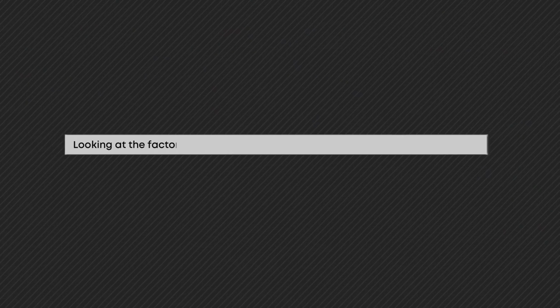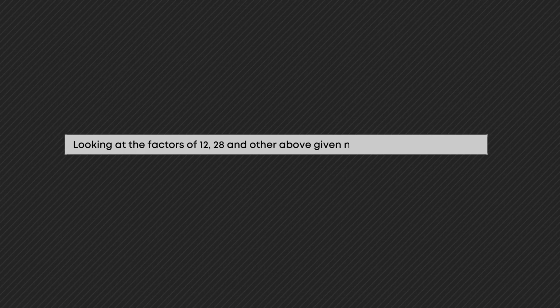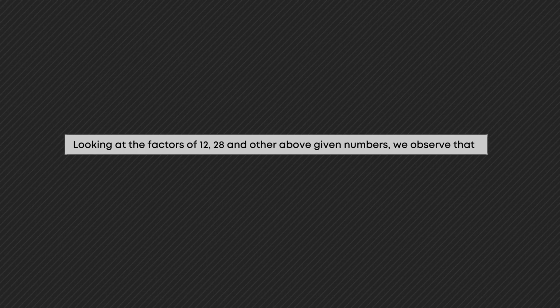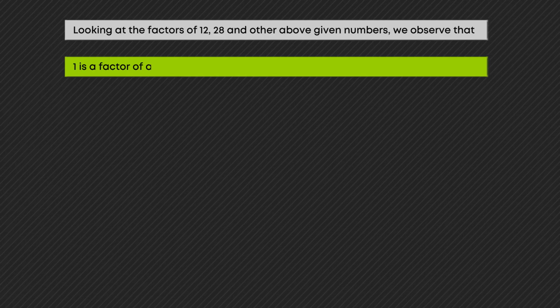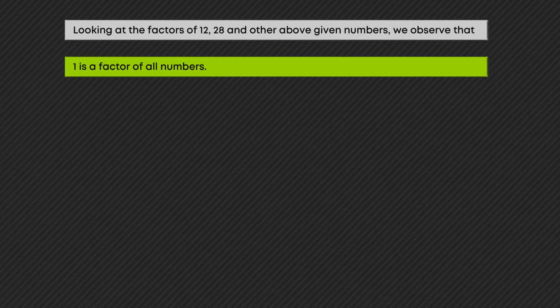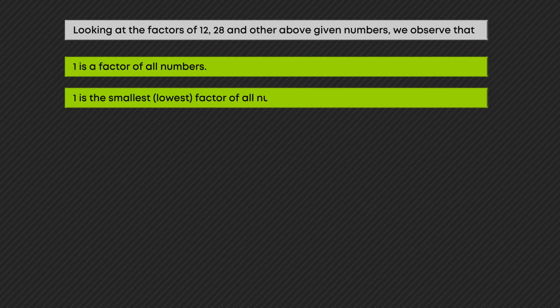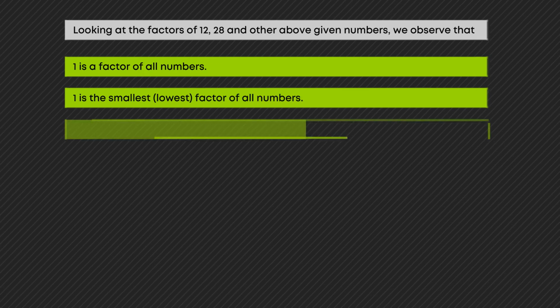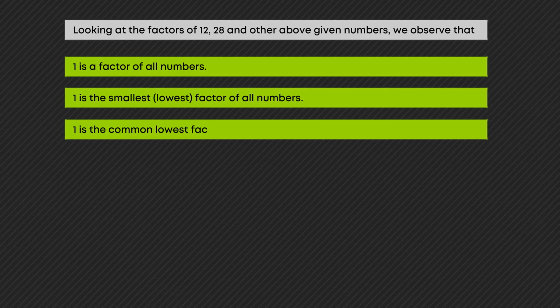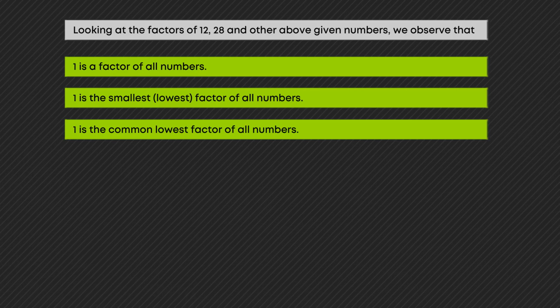Looking at the factors of 12, 28, and other above given numbers, we observe that 1 is a factor of all numbers. 1 is the smallest, lowest factor of all numbers. 1 is the common lowest factor of all numbers.